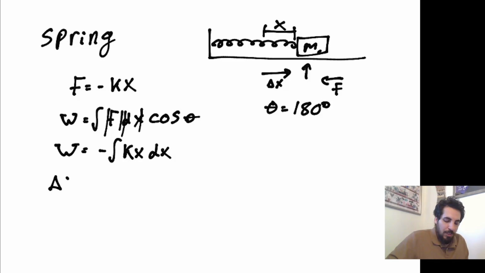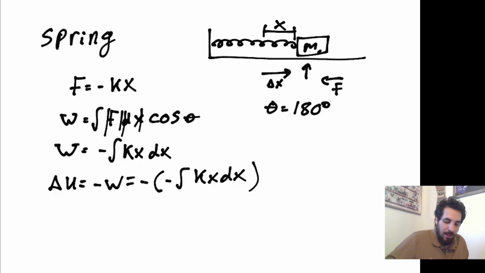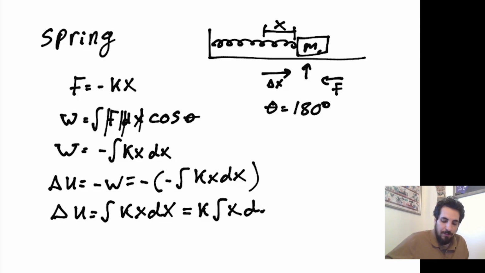All right, well, the change in potential energy, which is the negative of the work, must be equal to negative of negative integral kx dx. The negatives cancel out. The change in potential energy is equal to the integral of kx dx. k is a constant. Since it is a constant, we can pull it out of the integral. We end up with x dx. And what do you know? This is the other integral that we saw earlier.